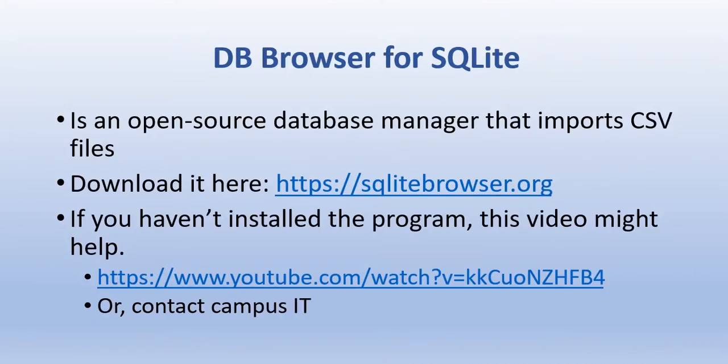Now the database manager that we'll be using is called DB Browser for SQLite. Now it's an open source database manager that lets you import CSV files or text files. So why are we using DB Browser? Because there's a number of different selections out there, really powerful ones too. Well, first of all, it's free.